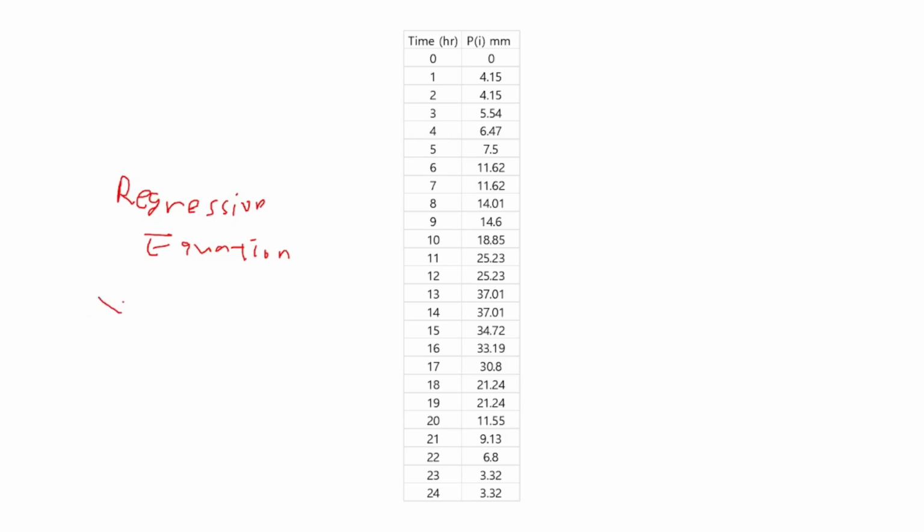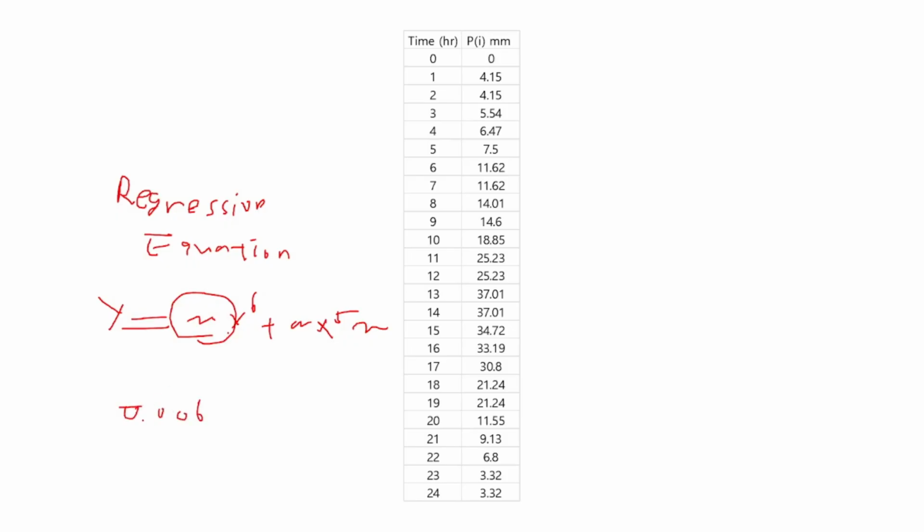So it was like an equation y equals something x to the sixth plus something x to the fifth and so on, right? So the number in front of every term was probably some decimal number.